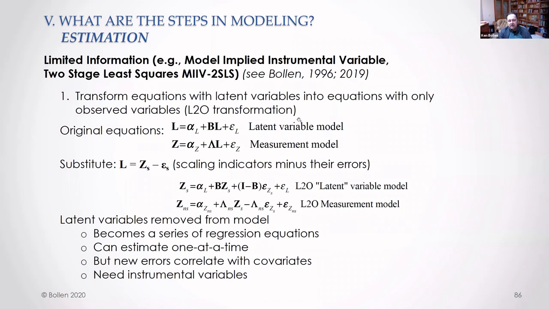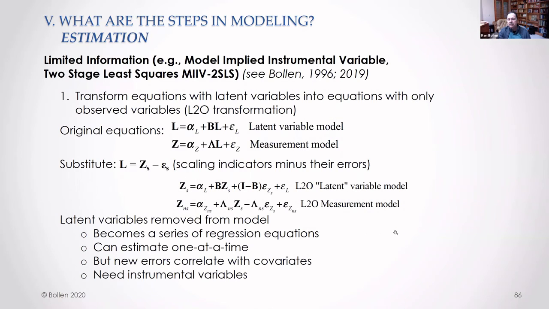And the result is these two equations now are transformed into equations that have just observed variables. So this is a latent to observed variable transformation. So you're actually eliminating the latent variables from the system. And you're getting a bunch of equations that look like regression equations with only observed variables. And we can take each one of these equations and estimate them one at a time.